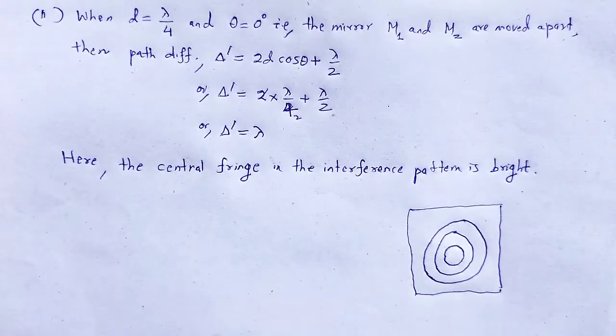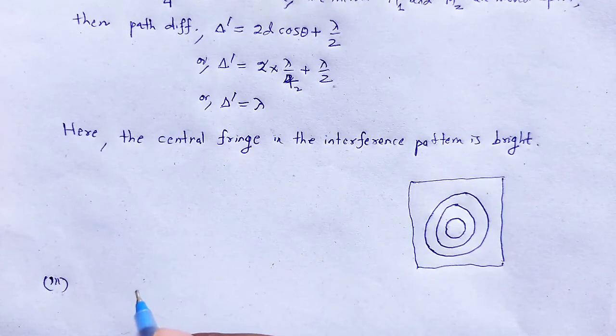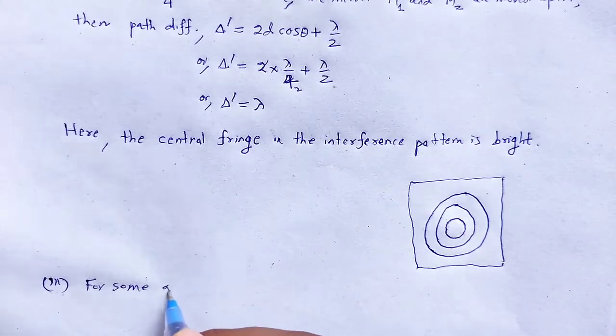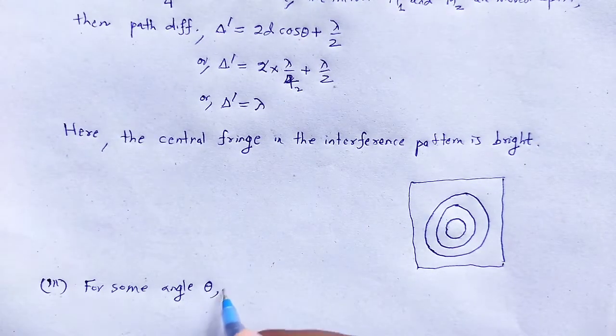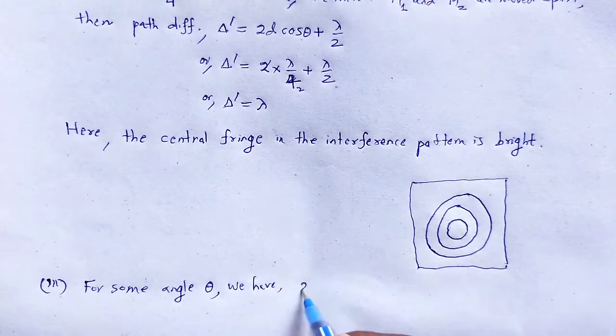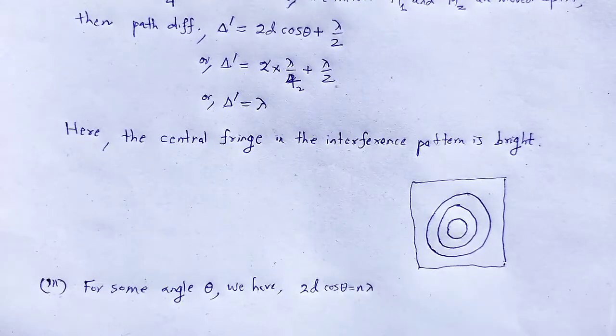Next one, condition number 3, for some angle theta, we have the expression 2d cos theta is equal to n lambda.